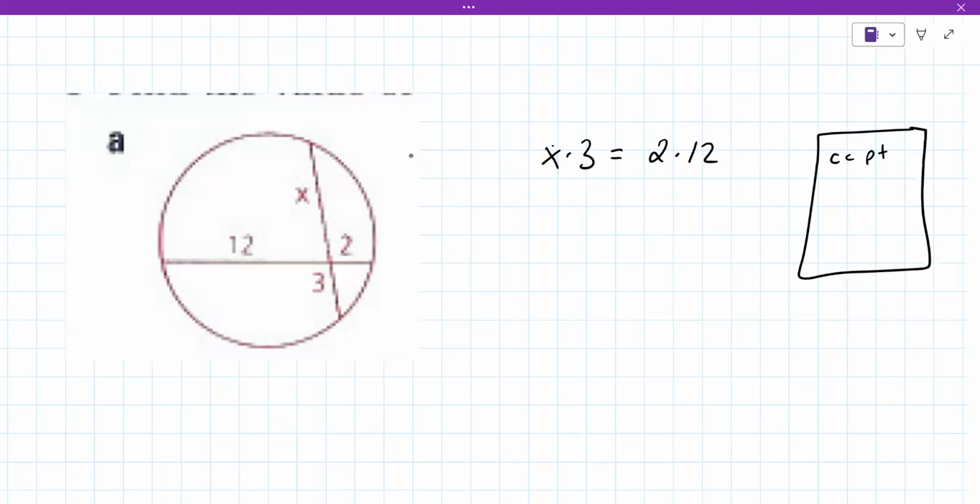All right, so can you solve this one for X for us, please? Yes.